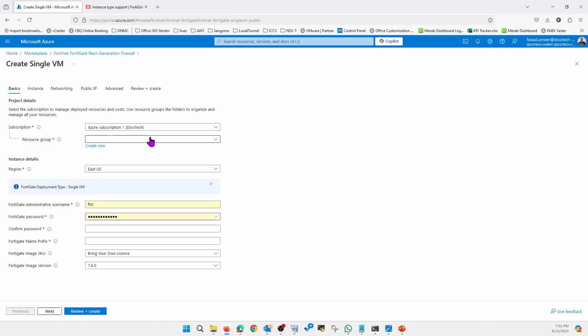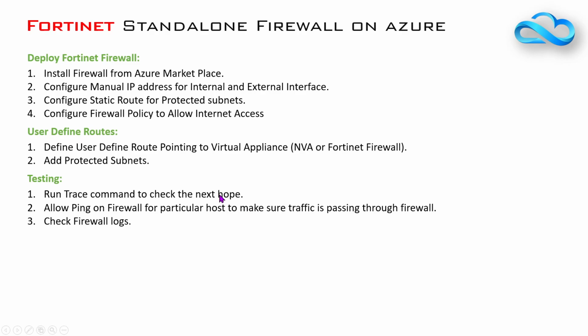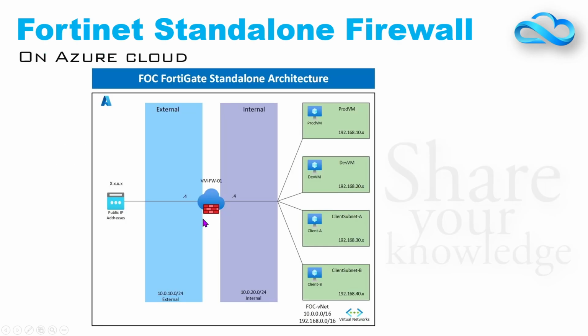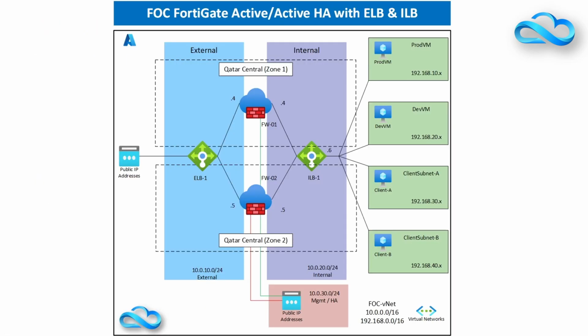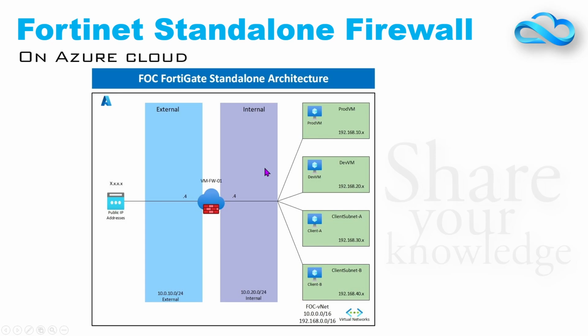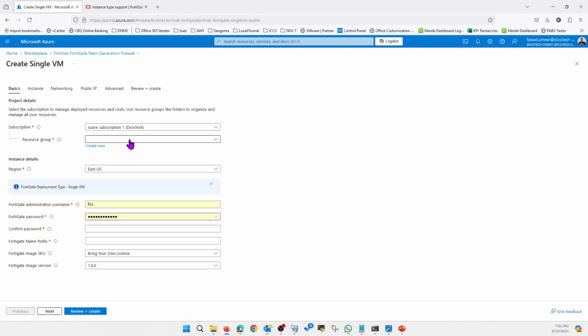So I'm just going to prepare it. In this video we will cover two options. First, a standalone firewall, and later on we will go with high availability active. So let's go with this option first.